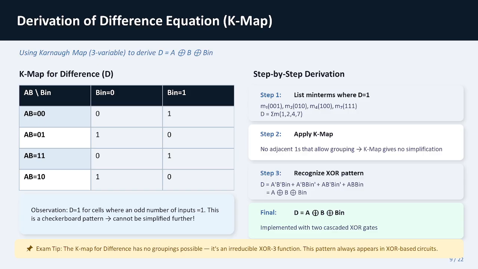You will think that you can proceed with the K-map for finding the Boolean equation or difference equation. If you think like that, you are on the correct path.